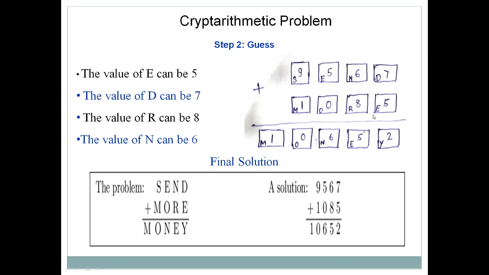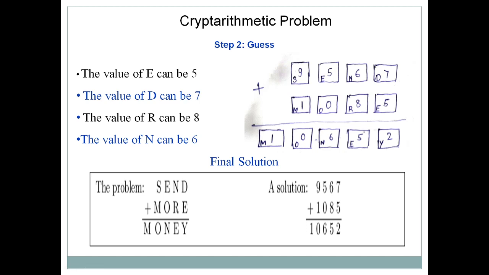See, once you have propagated all the constraints, the next thing is you have to make a guess only. Now suppose I place 8 over here. Okay, I can place 8 over here. That means now I need to check it for d plus e equals y. So what is the value?